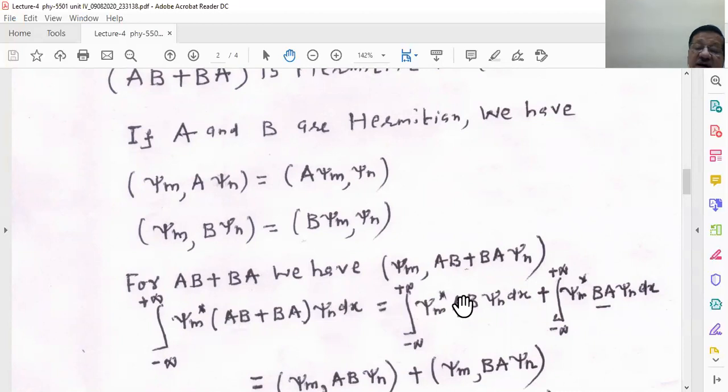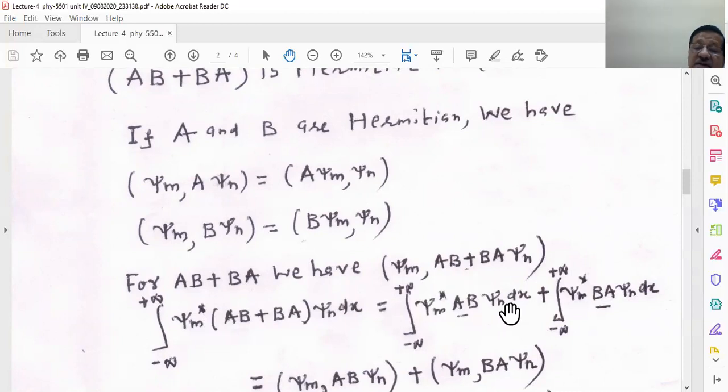You see psi m star A operating on B psi n dx, this is the first term. The other term will be psi m star BA psi n dx.